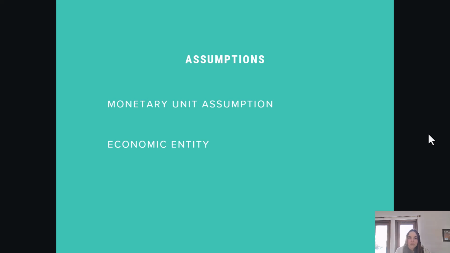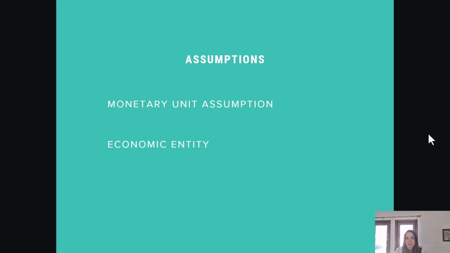Okay? And then the other assumption that we have is the economic entity assumption. This says we are doing accounting for one single economic entity. This economic entity is separate from its owners. It is separate from its vendors and its customers. It is its own little person. Okay, so think of a company as its own person.